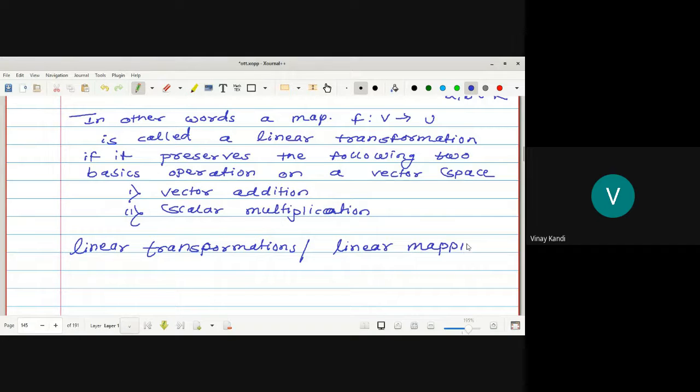The meaning of all these words is the same. Linear mapping or vector space homomorphism or linear function.